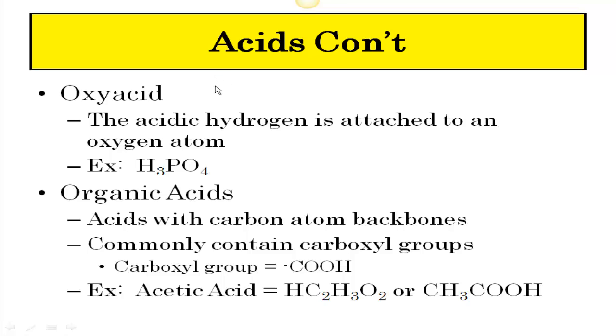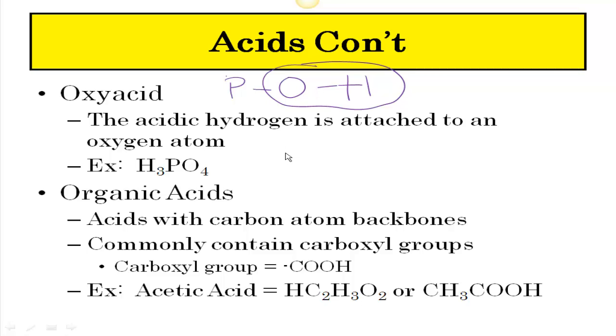If we were to draw the Lewis structure for phosphoric acid, you have your P, and then you have your O, and attached to the O would be an H. I know this is not the full Lewis structure, I'm just drawing part of it. Here would be the outside layer of it. You would have a P, an O, and an H, and that would be the oxy acid of it. Notice that the O and the H are attached, and that's where we get the name oxy acid.